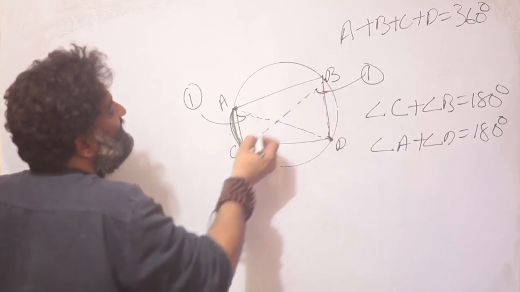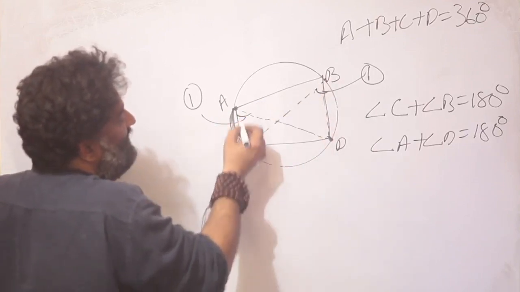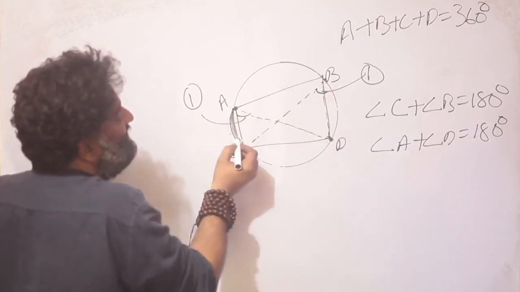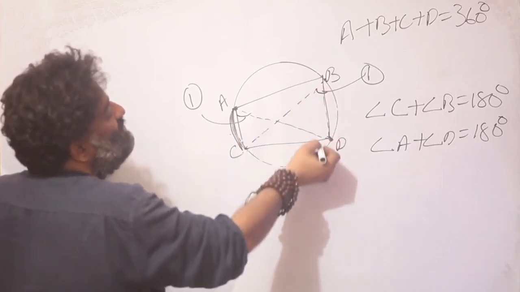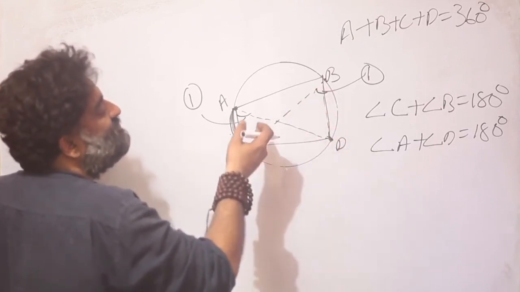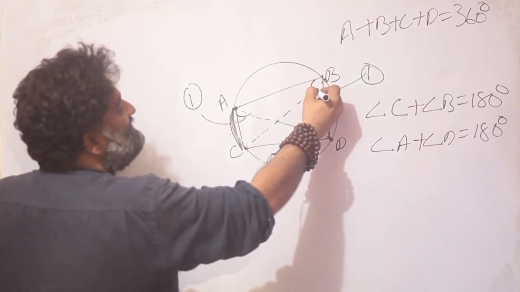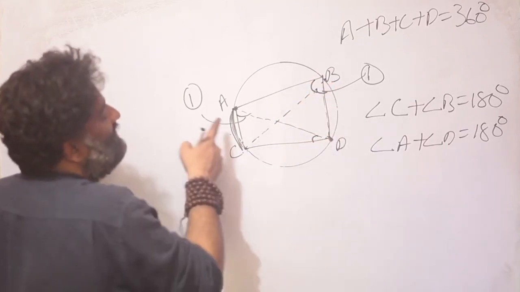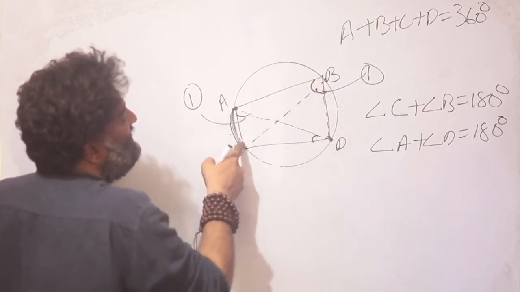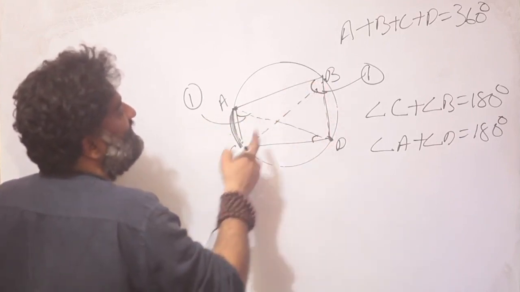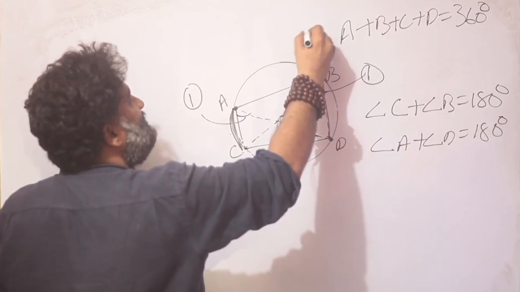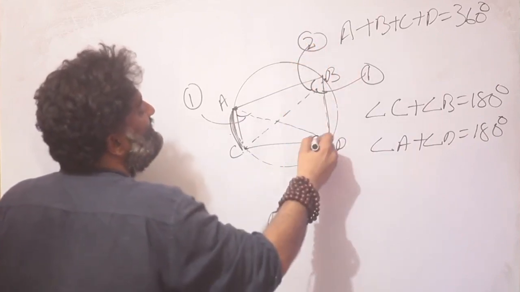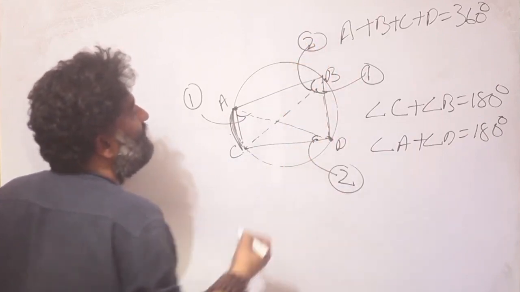Angles subtended by the same arc, this angle and this angle, they are going to be equal to each other. That is what we just proved. So that means angle ABC is equal to angle ADC. Now I will name this 2. If this is 2, this is also 2.